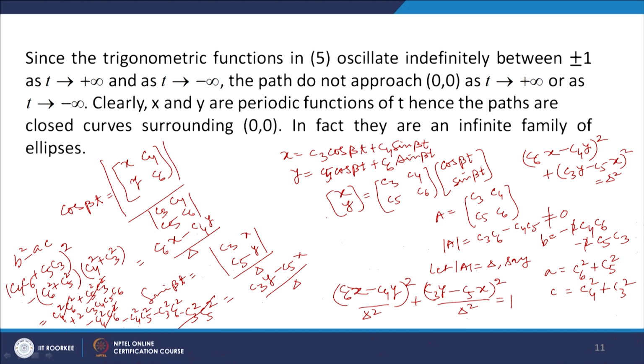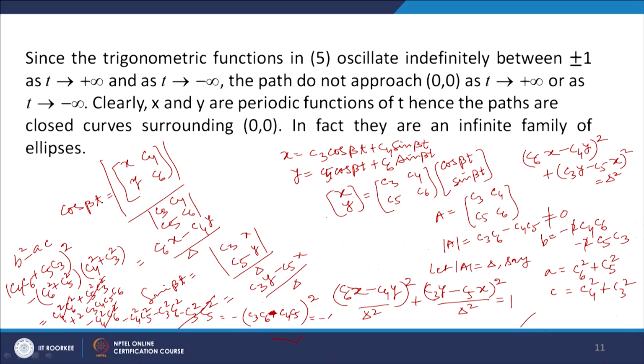So, this is minus (C3 C6 plus C4 C5)... I think it is negative here. This can be written as minus (C3 C6 minus C4 C5) whole square, and C3 C6 minus C4 C5 is delta.